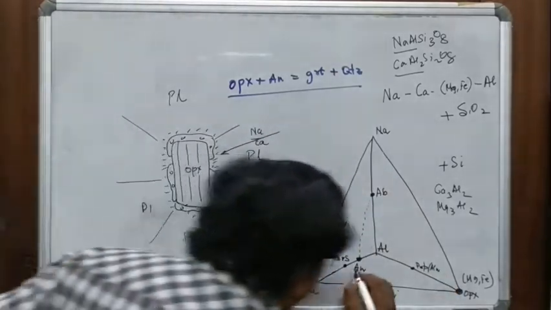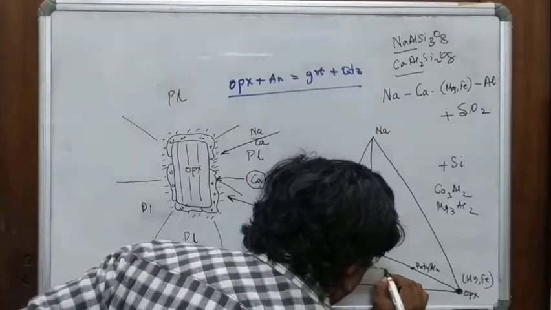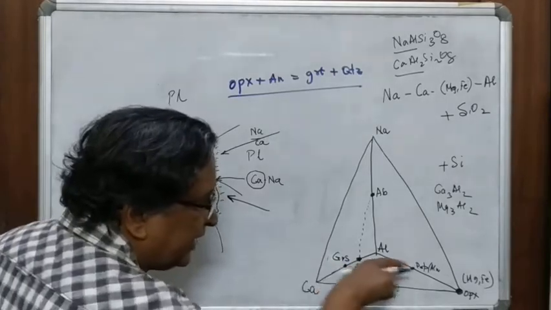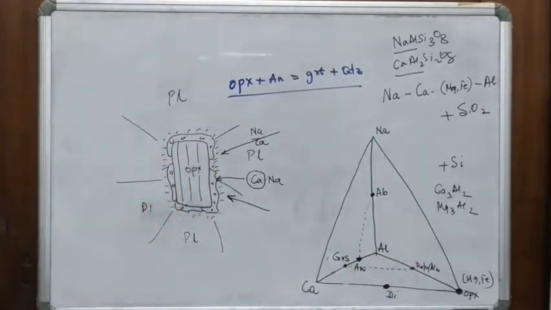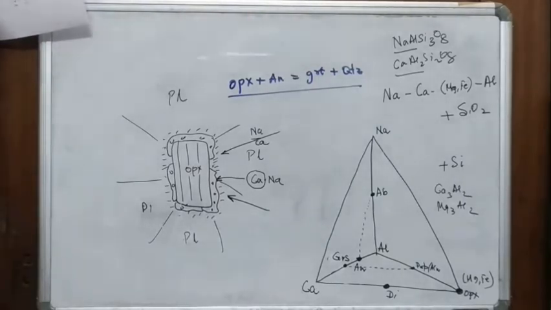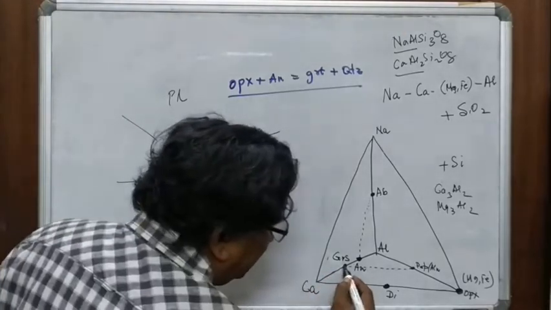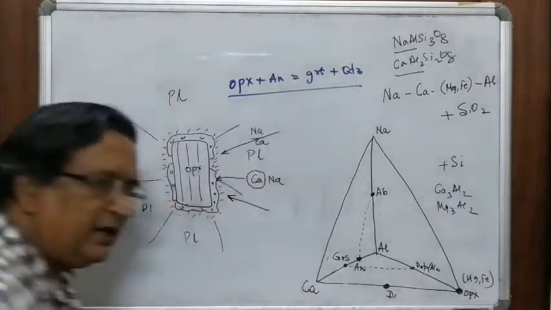And your garnet composition then should be lying on this point. This is the tie line on which your garnet composition should lie. Am I right? So this should be the grossular and this should be pyrope-almandine on this.